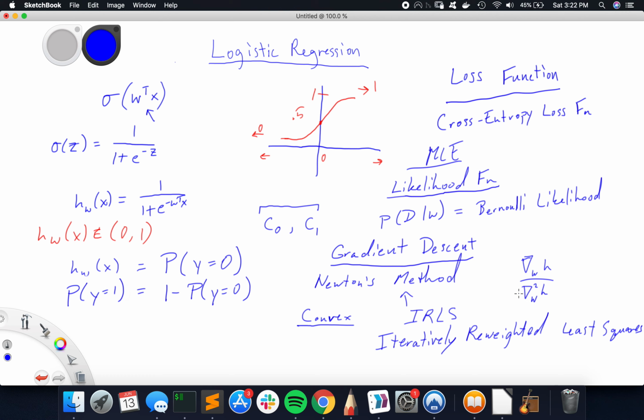And you can see that you're reweighting it by this Hessian here. So if they throw out IRLS, you'll know what they're talking about in the interview. And I think those are the main points to cover with logistic regression.